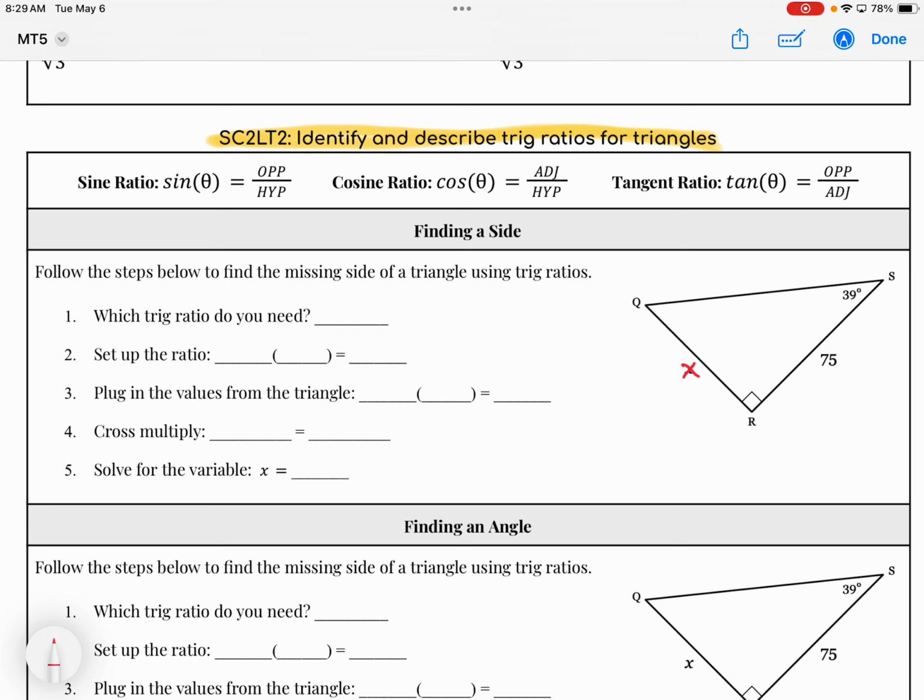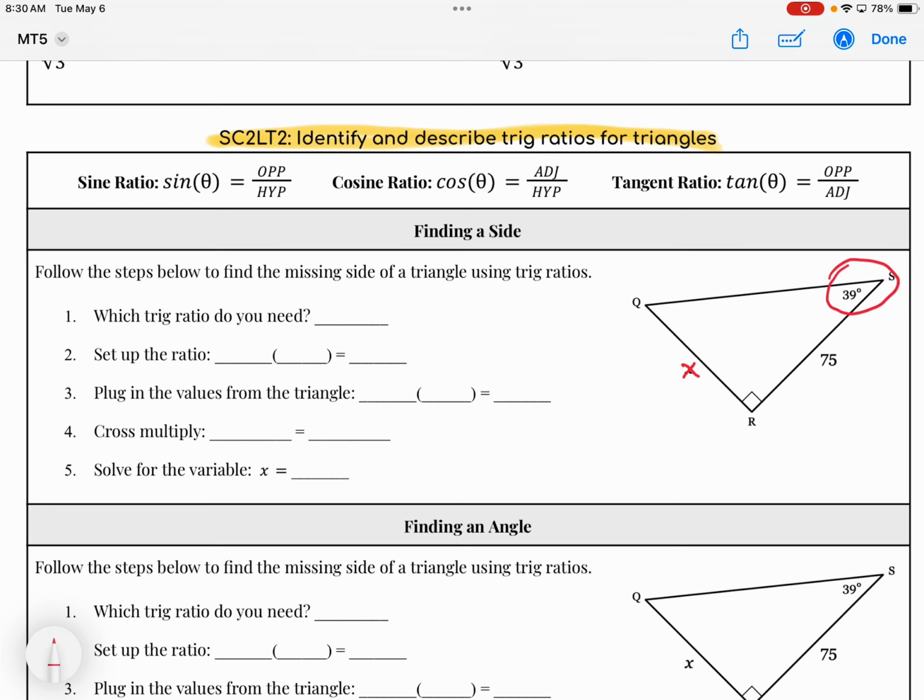Now, the first question you need to ask yourself is, what trig ratio do I need to use? If that is the side you're looking for, we think about what angle we have so that we can figure out which trig ratio to use.